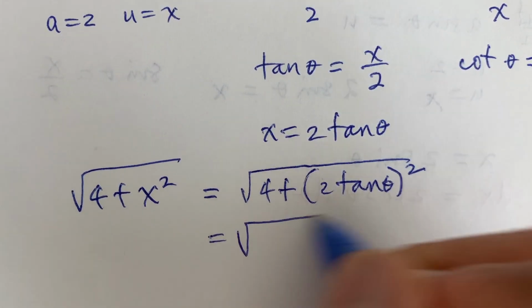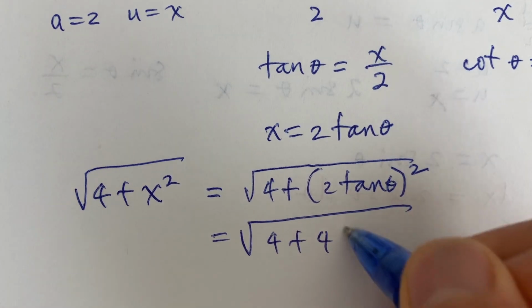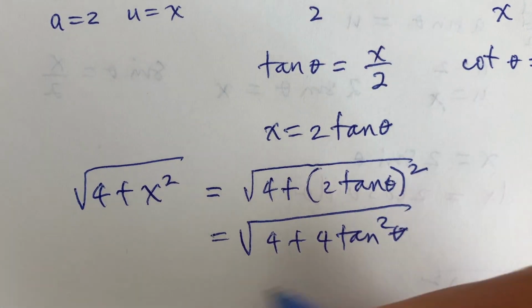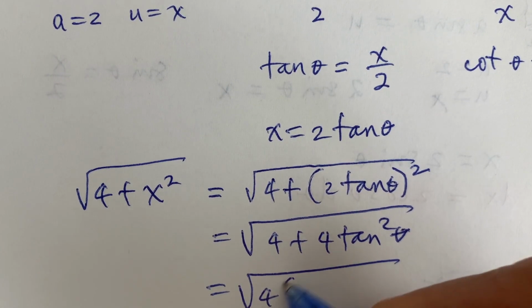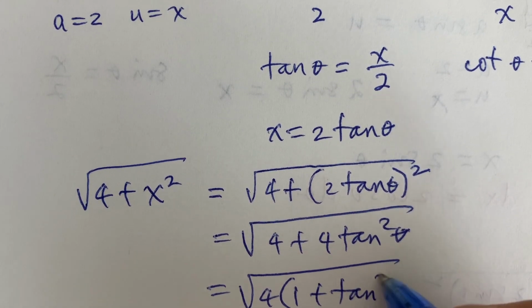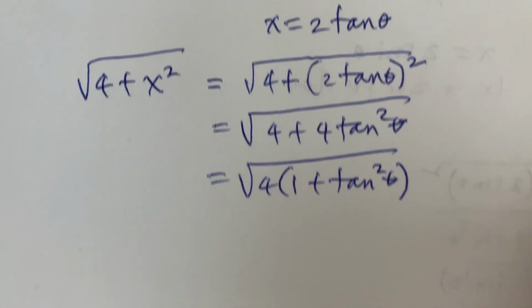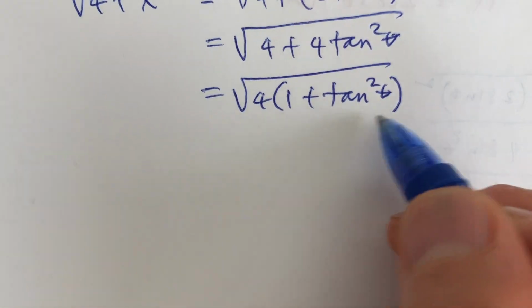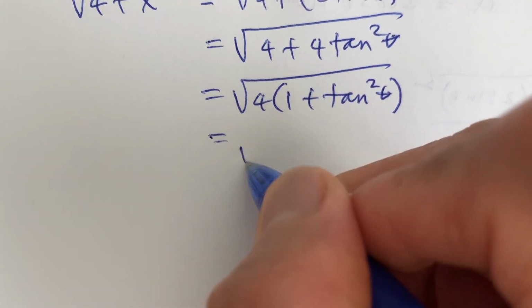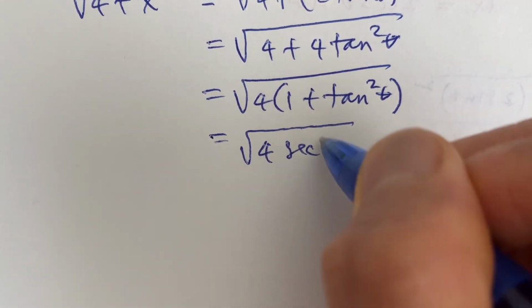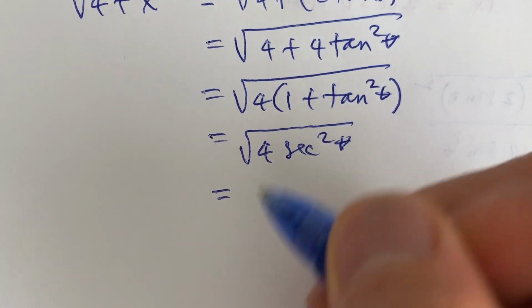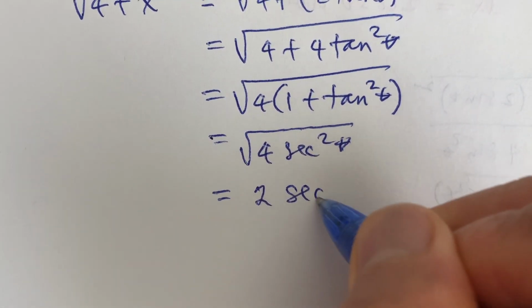Squaring that will give me 4 plus 4 tangent squared theta, which will give me 4 times 1 plus tangent squared theta. And then we know from our trigonometric identities that 1 plus tangent squared theta is equal to secant squared theta. And so there you go. That simplifies to 2 secant theta.